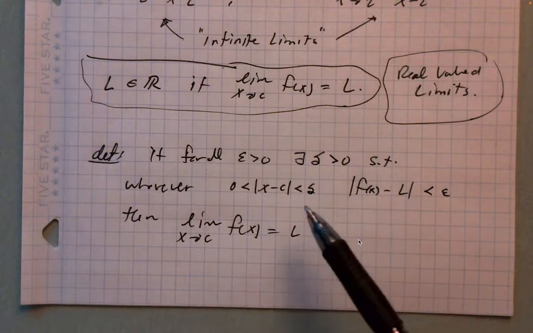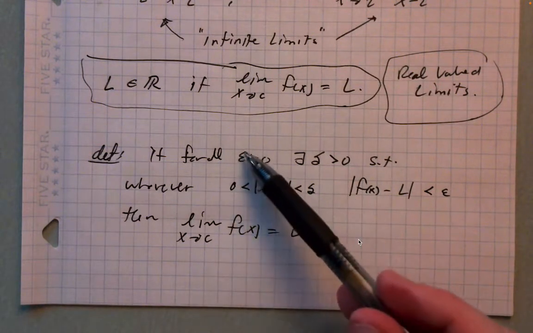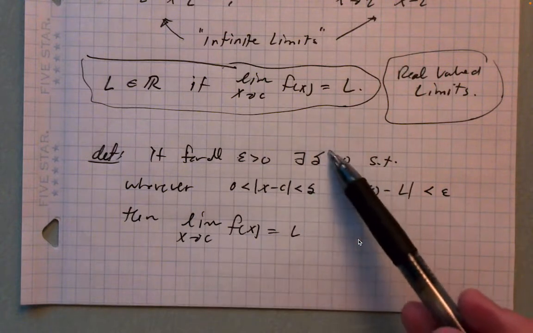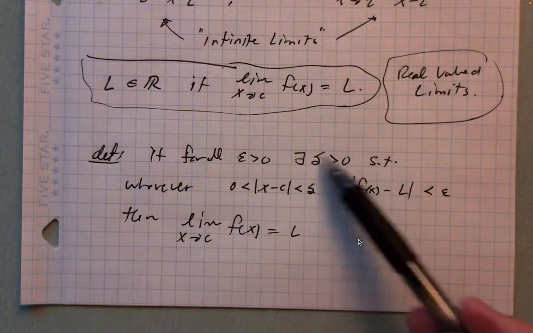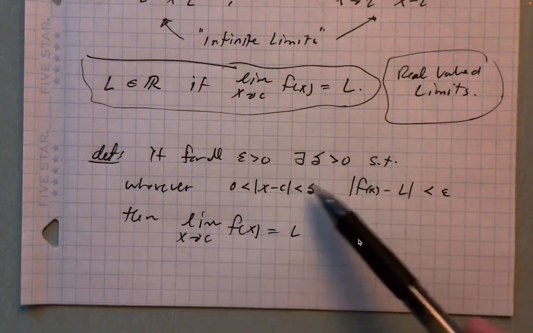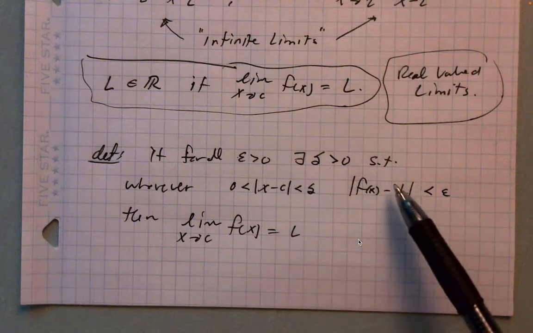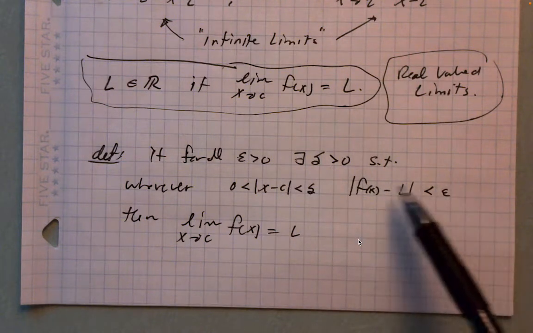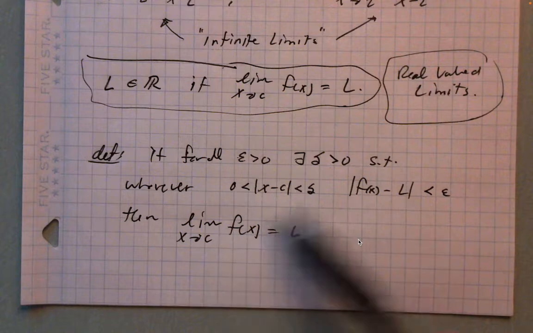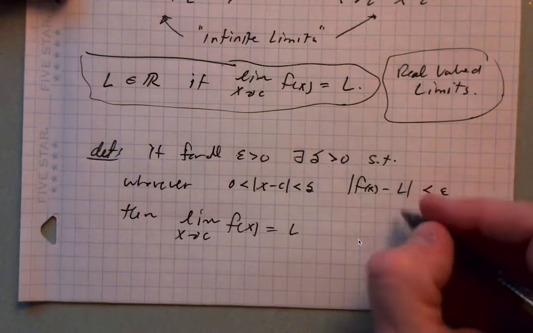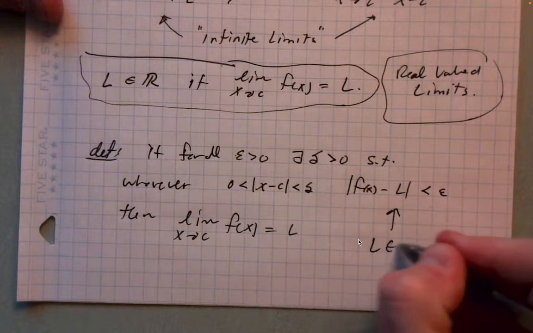So we said, look, if you give me an arbitrarily small epsilon, I'm always going to be able to find a positive delta such that if x is within delta of the limit point c, then the value of the function is within epsilon of the limit L. Now, this kind of definition necessitates that L be a real number.